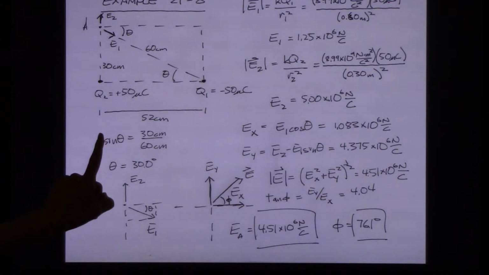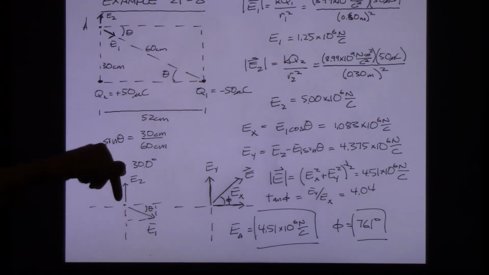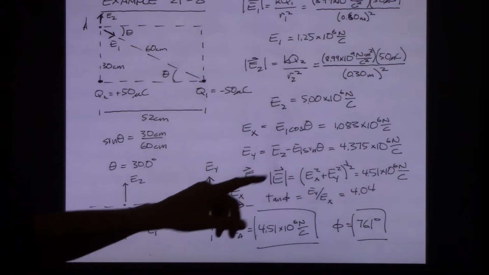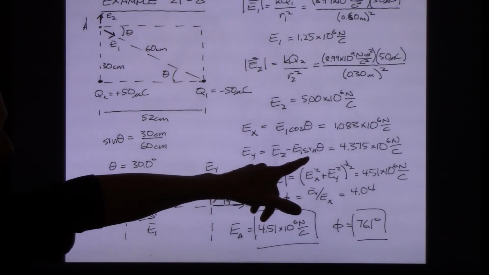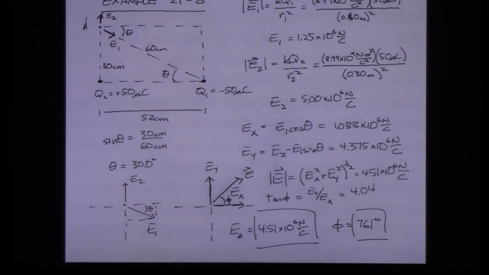Now in the y direction, I've got all of E2, but I have a little bit of E1's component. There's a vertical component to that, and it's in the opposite direction. So I'm going to subtract that. So E2 minus E1 sine theta, and that gives me the 4.375.